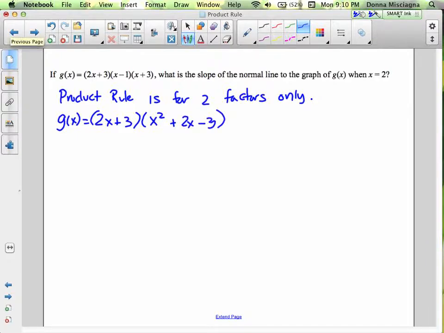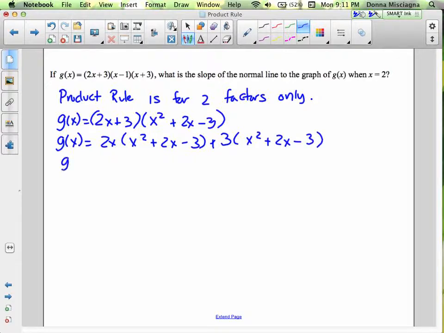And then when we distribute, we got the 2x times the x squared plus the 2x minus 3, and 3 times the x squared plus the 2x minus 3. So g of x equals 2x cubed plus 4x squared minus 6x plus 3x squared plus 6x minus 9.